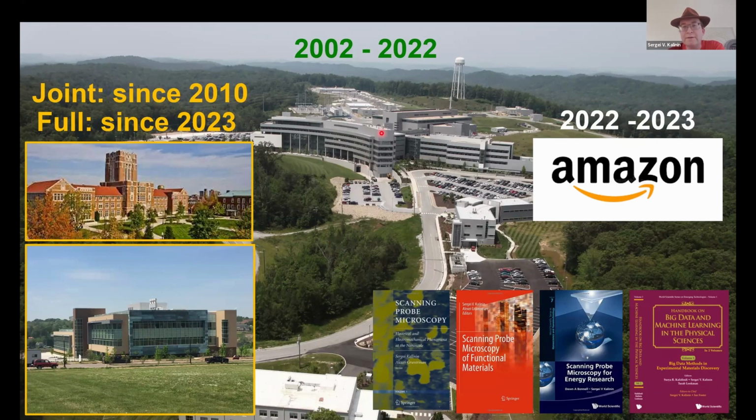So as advertised, I spent the first half of my career at the DOE User Center, the Center for Nanophase Materials Sciences. Throughout this time, I had joint affiliations with the University of Tennessee, Knoxville. Then for the second half of my career, I decided that it's time to move to academia full-time.